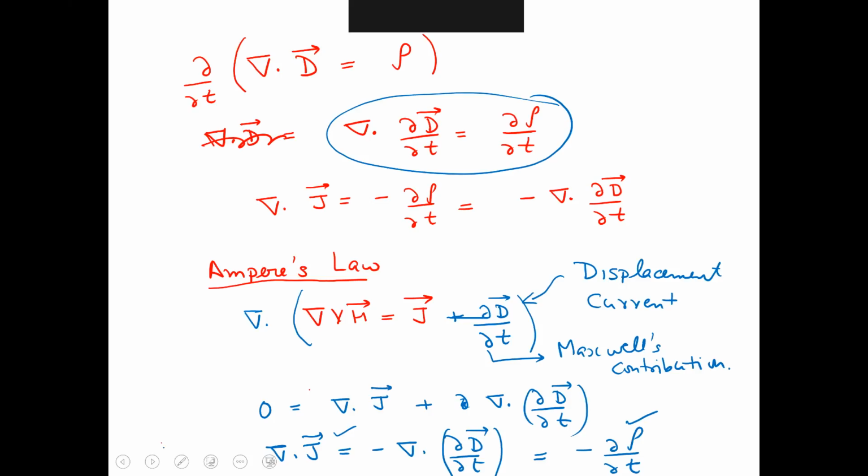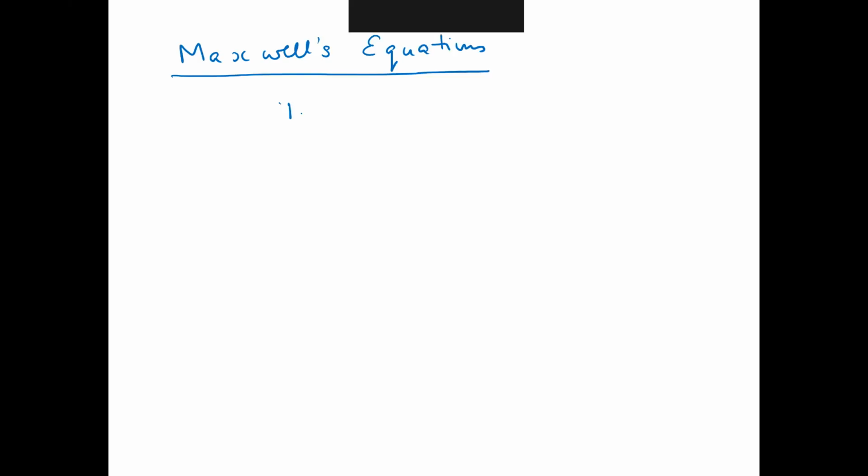Let's again take a look at the Maxwell's equations as they stand today. In the differential form, there is del dot D is equal to rho, the charge put in the system. Del dot B is equal to 0.